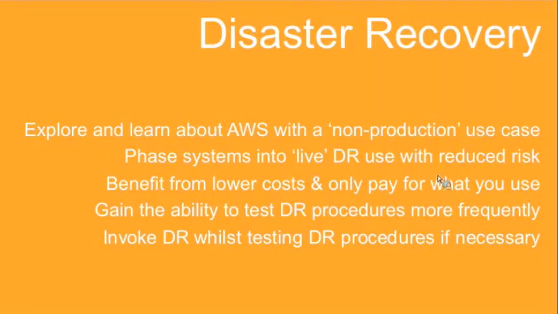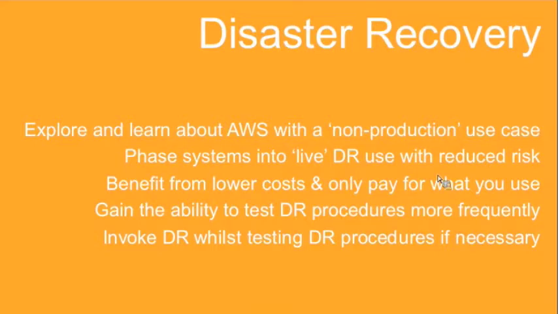You also gain the ability to test DR procedures more frequently because you can create multiple DR environments. You can destroy DR environments that are no longer required if tests fail without having to repurpose them. So you gain the ability to wrap that DR invocation in a set of automation tools which can help you test it more frequently.